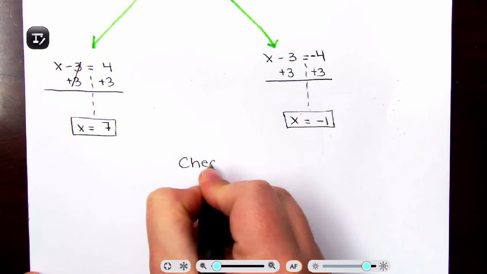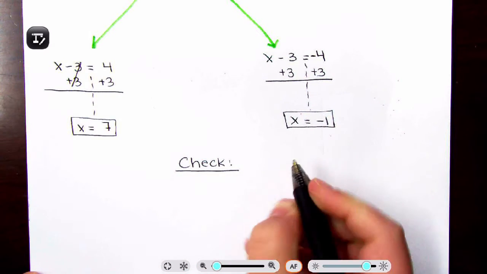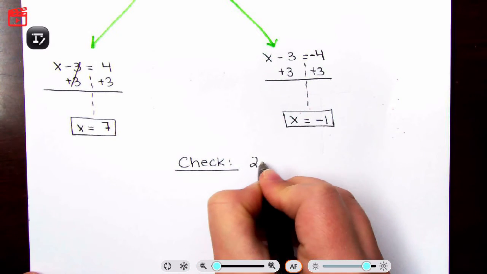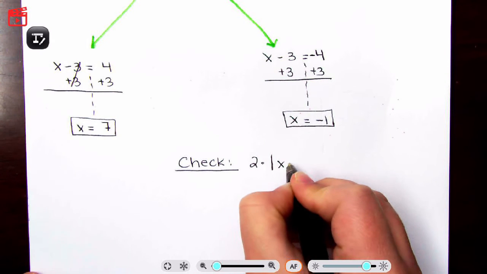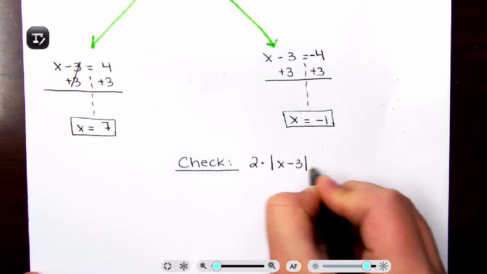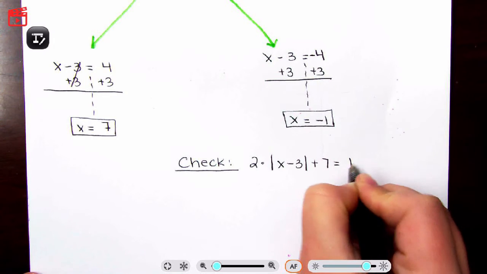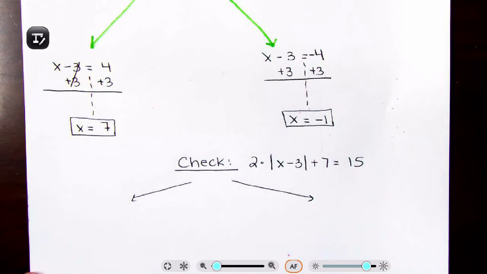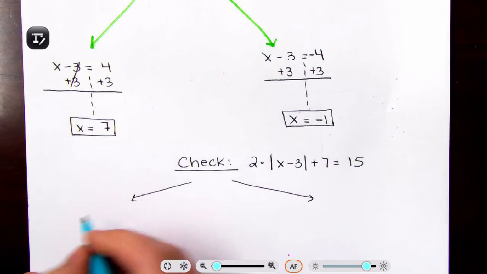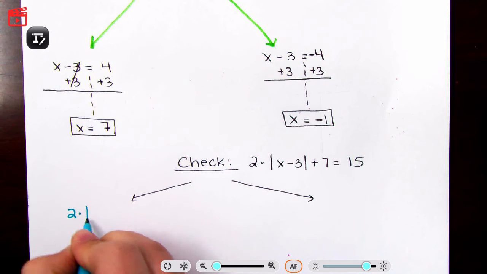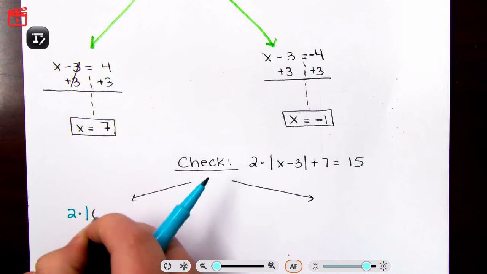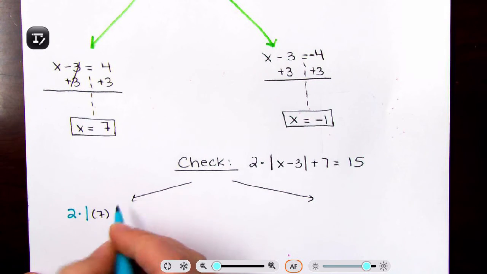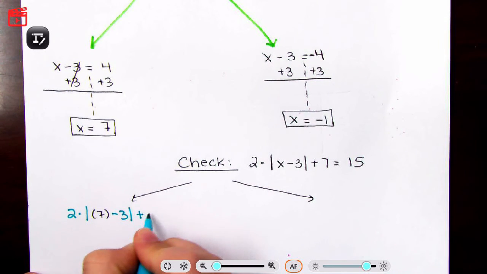When you do your check, you do your original equation. So we do 2 times x minus 3 in the absolute value plus 7 is equal to 15. And now you're basically doing the same thing, except you're just plugging in your number. So I have 2 times the absolute value of 7 minus 3, absolute value plus 7.